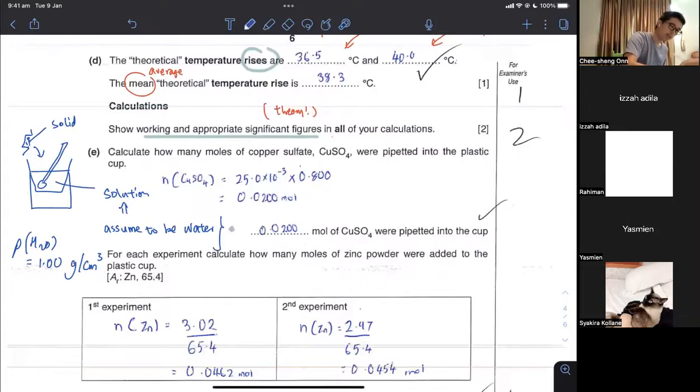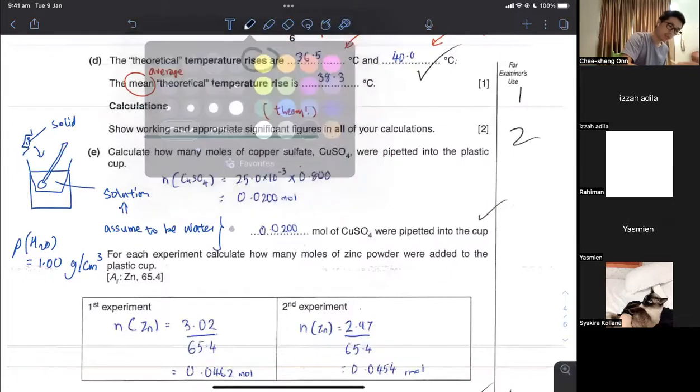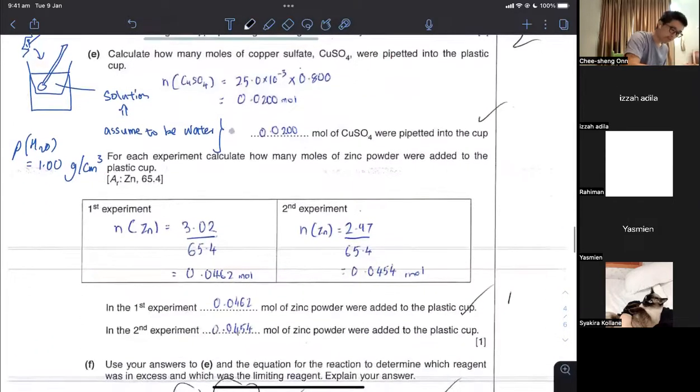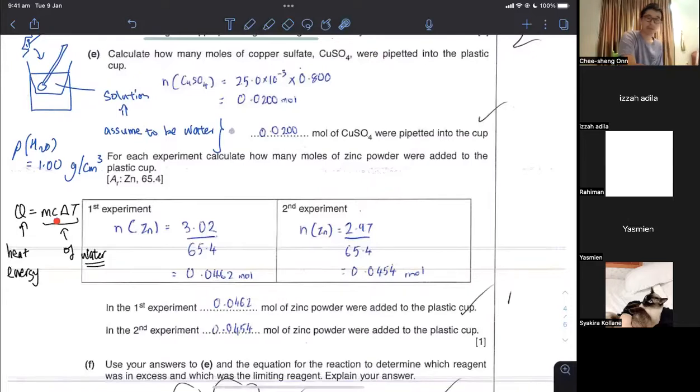We are talking about delta T, which is change in temperature. So we have not delta H, but Q equal to MC delta T. This is heat energy. Q is not enthalpy. Q is energy. The MC delta T is of the water, because of the heat capacity of the water.